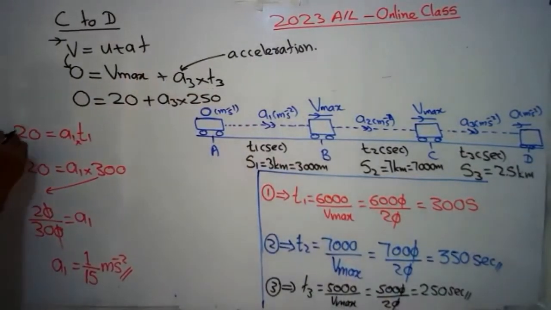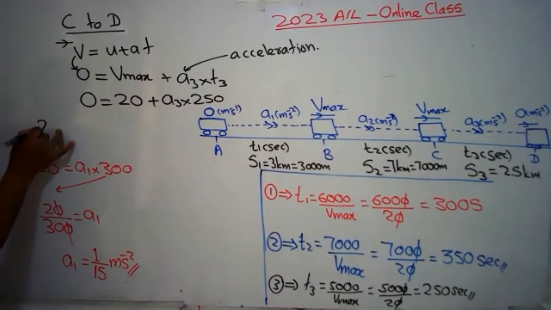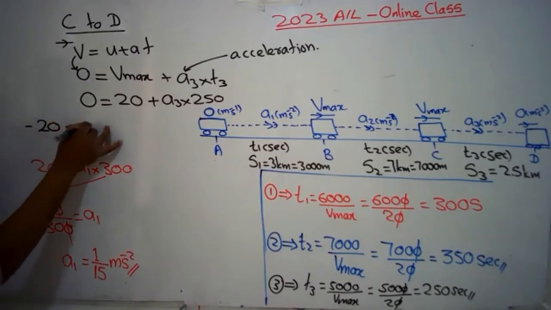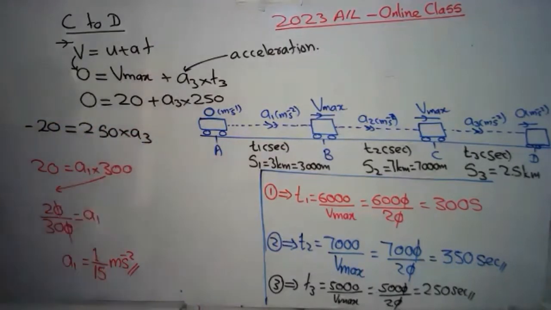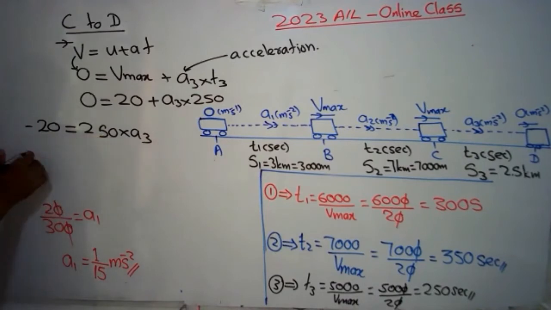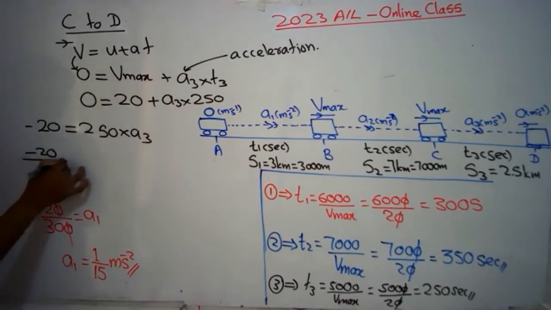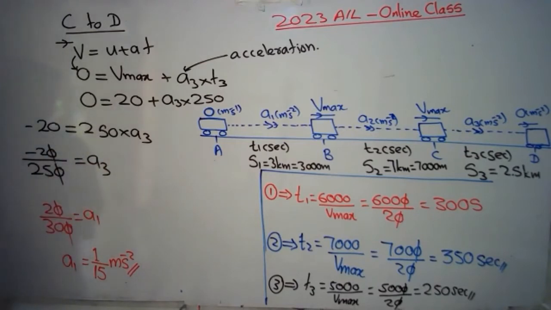Then positive 20 comes to this side as minus 20 equals 250 times A3. Then I'll take 250 to this side, minus 20 divided by 250 equals A3. 0, 0 cancelled out.